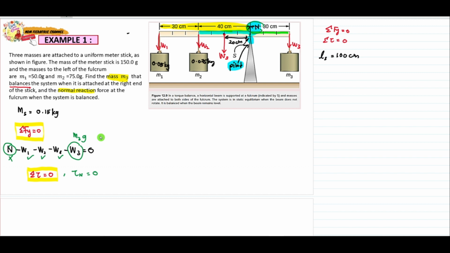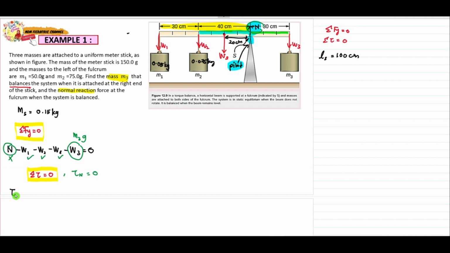Okay, so now we look at the other forces. We have W1, W2, Ws and also W3. So for this first example, I will show one by one to show you whether the value of the torque should be positive or negative. So before we start, let's write the equation first.